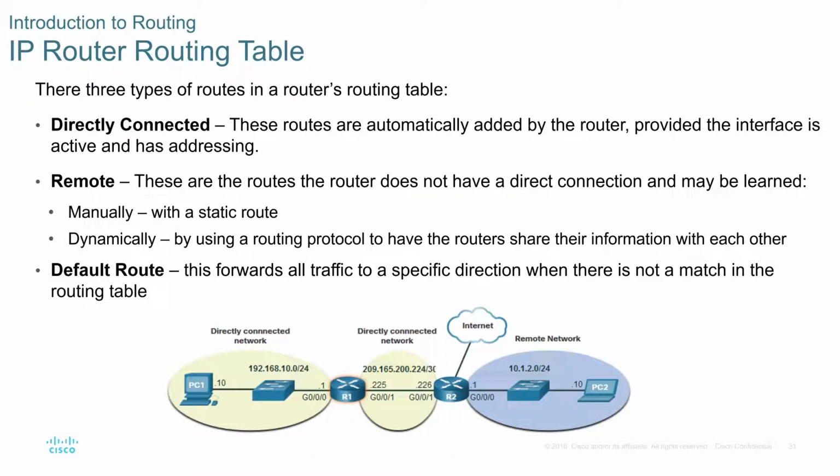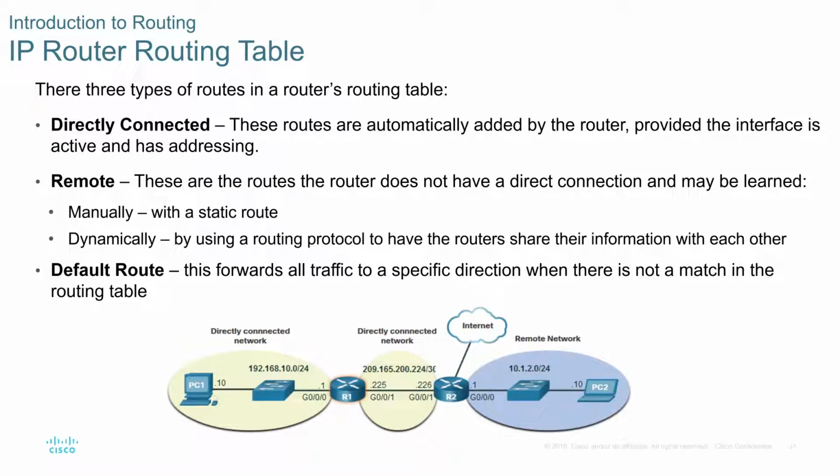There are remote routes, and these are routes that we have learned through a number of methods. So these are routes the router does not have a direct connection to and may be learned either manually, we could put in a static route, or dynamically by using a routing protocol.